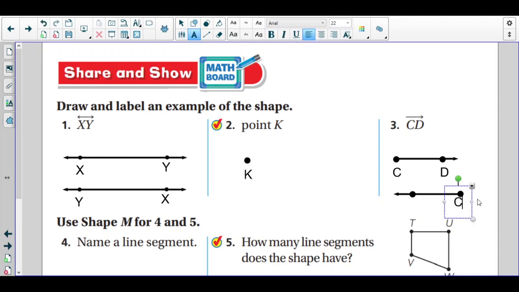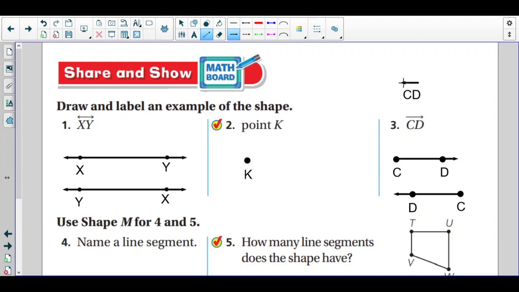Right, this would be C, and then D. So our beginning point is C, our ending point is D. And in some textbooks, they'll show you that you can actually write it CD, and they'll show that the ray itself goes this way.